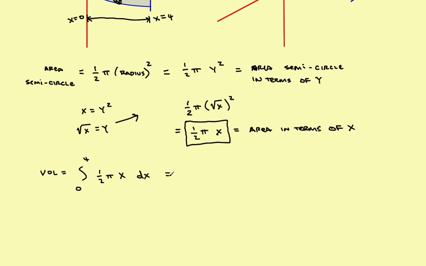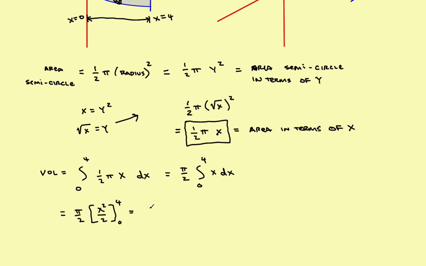First of all, I can bring the 1/2 pi to the outside, so I'll make that pi divided by 2 times the integral from 0 to 4 of x dx. So it actually turns into a pretty simple integral. That's going to be pi divided by 2, and this will become x squared divided by 2 evaluated from 0 to 4.